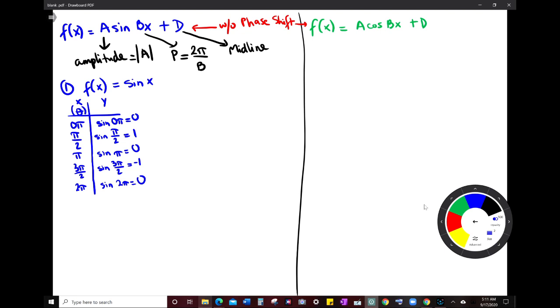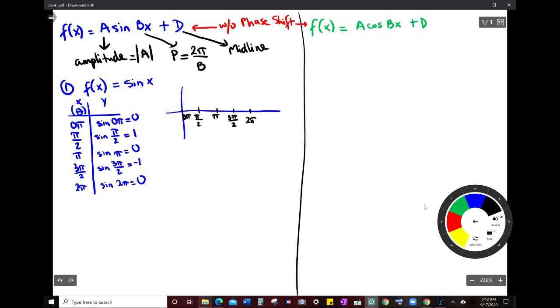So let's do a quick graph right here. And then I have 0 pi, pi over 2, pi, 3 pi over 2, and 2 pi.